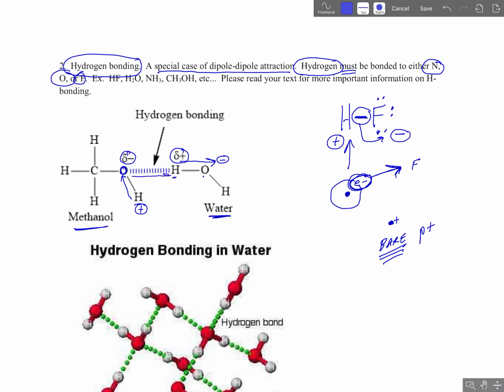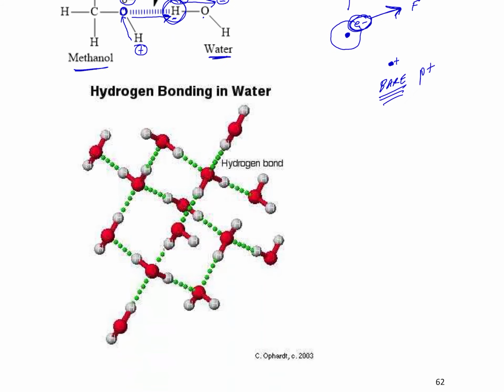Now, can't this oxygen that's so electronegative get really, really close to that bare proton and form a very, very strong intermolecular attraction? And it does. It's much stronger than a normal dipole-to-dipole interaction because there's no electrons covering the hydrogen's nucleus now. So that oxygen can get very close to it and form a stronger intermolecular force of attraction.